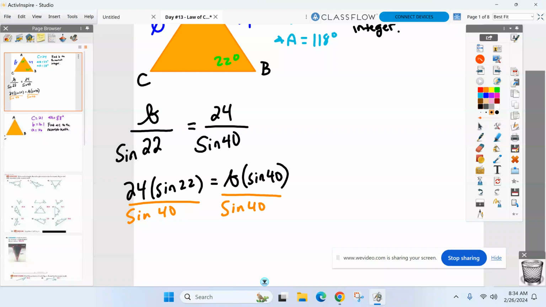Integer means whole number. Side b has a length of 14.